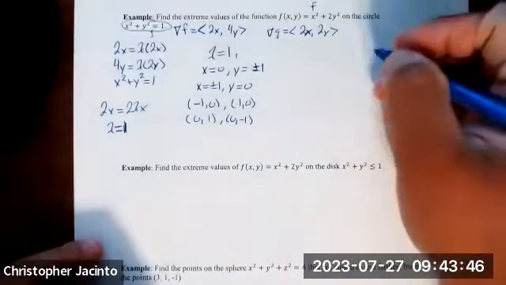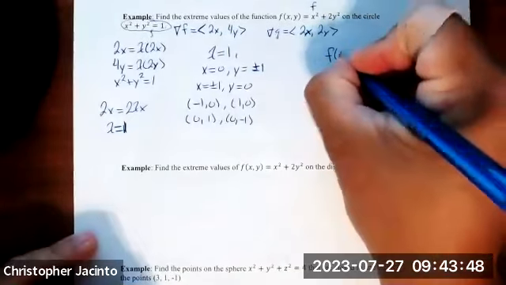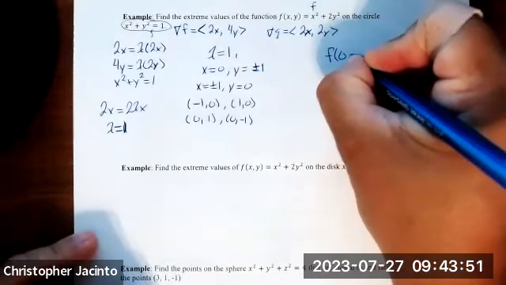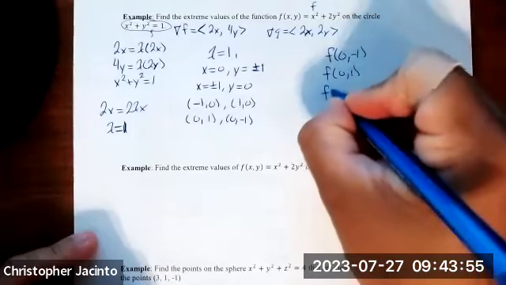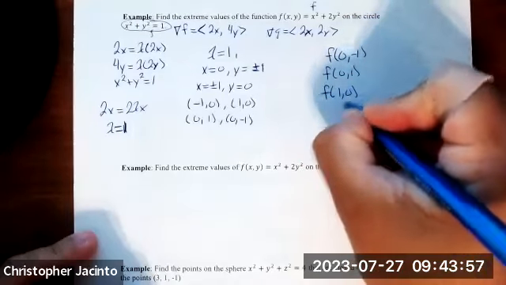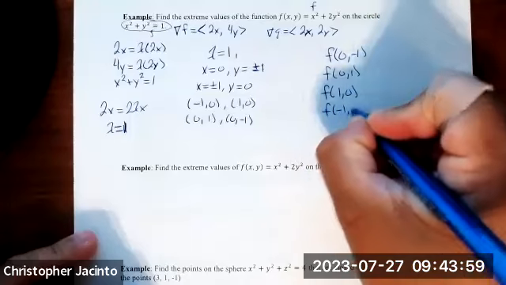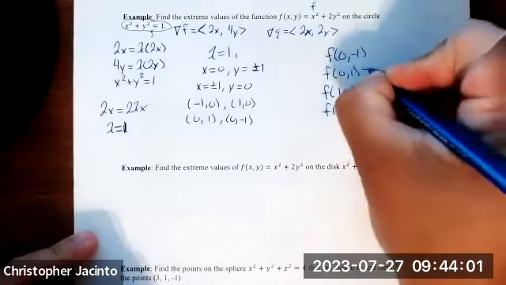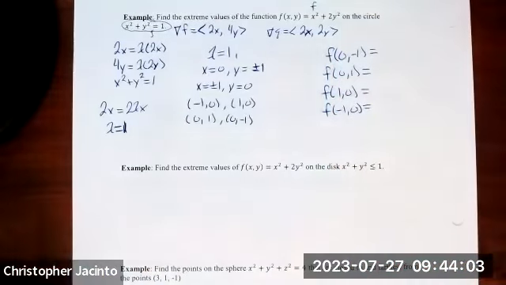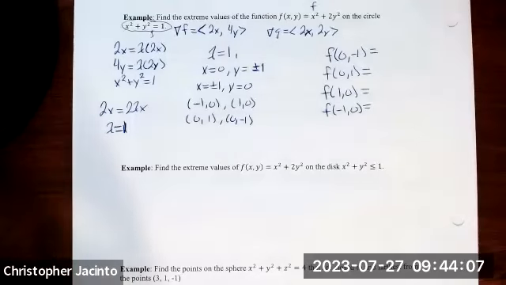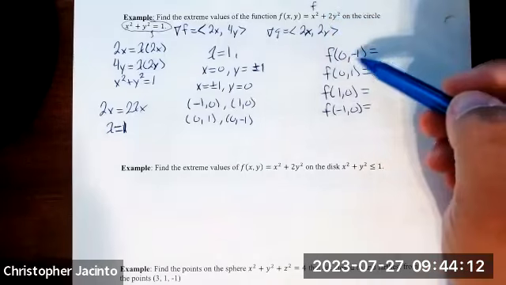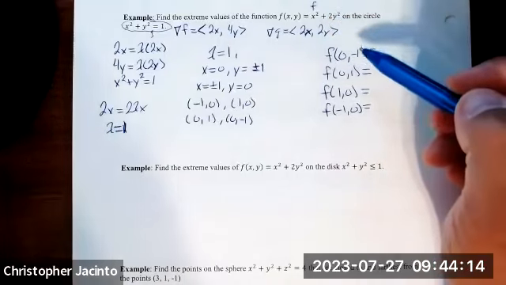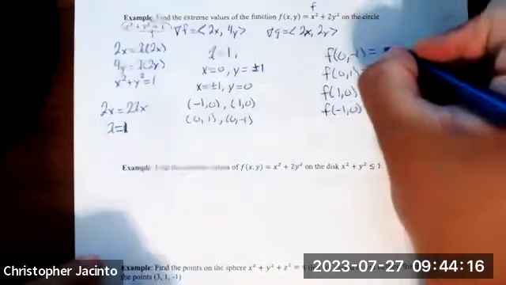And now all we're going to do is plug each one in individually, and then we're done. So this time it was actually not that bad using Lagrange multipliers. So plug each one individually into our f function. Plug in 0 for x and negative 1 for y, I get out 2.